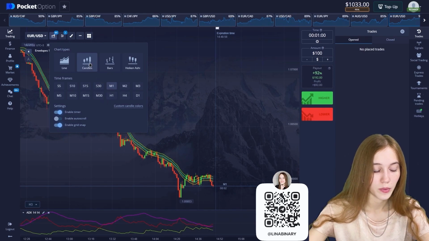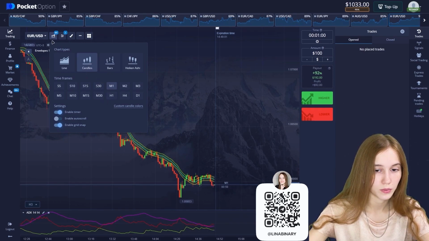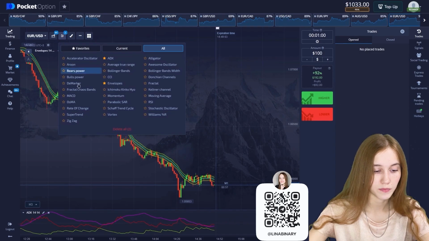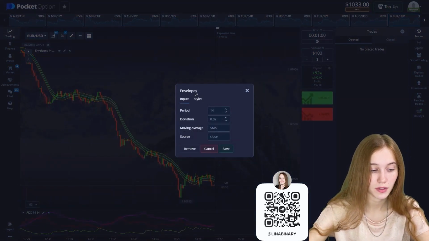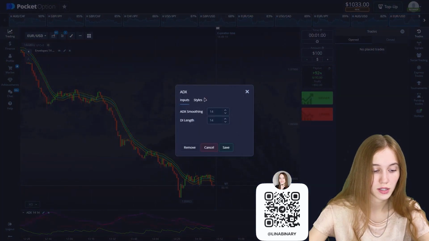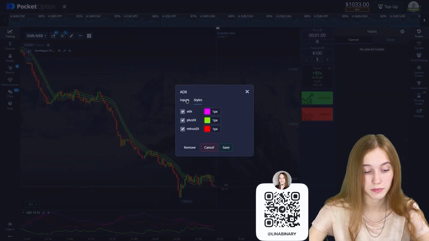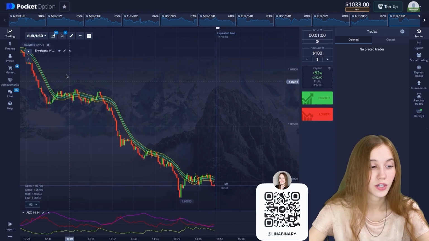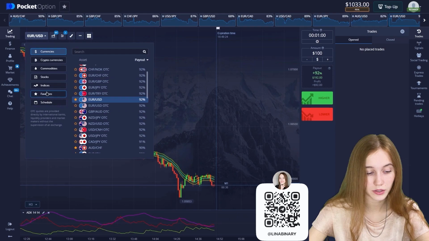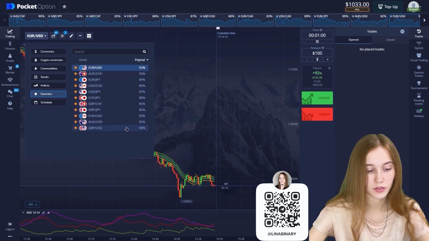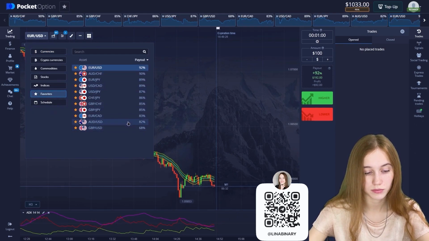So what we see, yeah, these indicators settings, you can copy it, and the settings of the second indicator ADX. We traded on currency pairs. You can choose them here. On the right is the percentage.